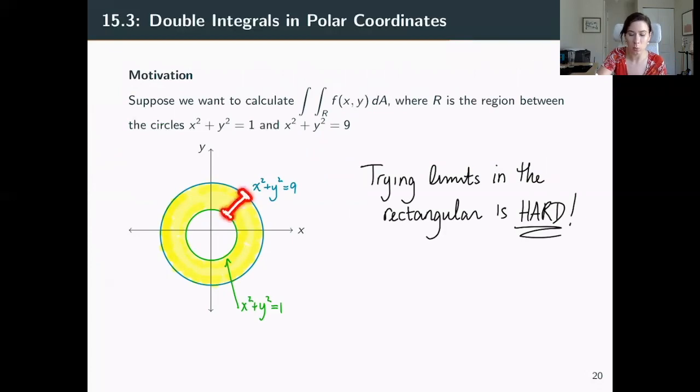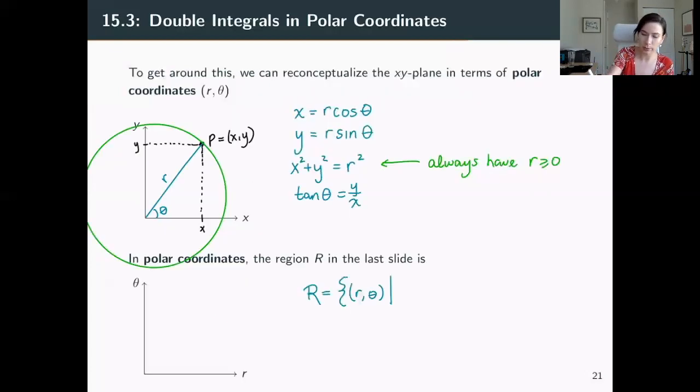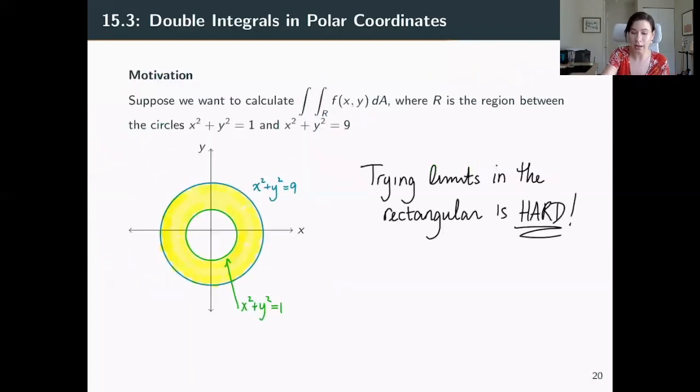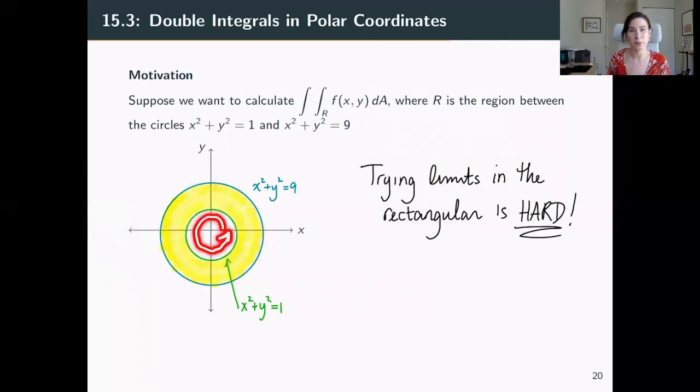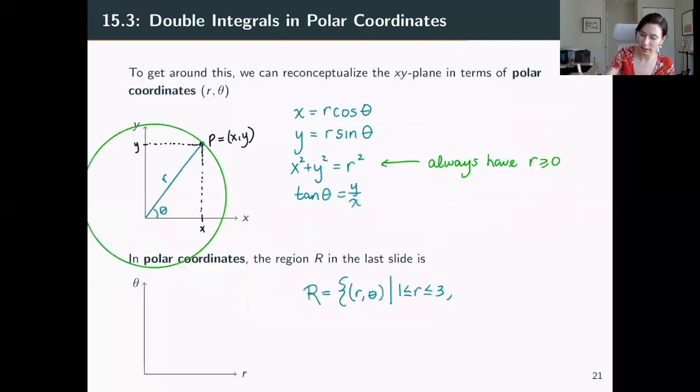R will be between 1 and 3. So we can replace that in here. So we get that 1 is less than or equal to r, is less than or equal to 3. And then we also have that our angle is going to be shifting from 0 all the way to 2 pi. We're taking all values of theta, from 0 until 2 pi, which can then translate to 0 less than or equal to theta less than or equal to 2 pi.